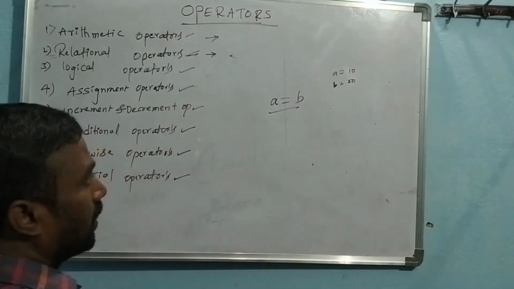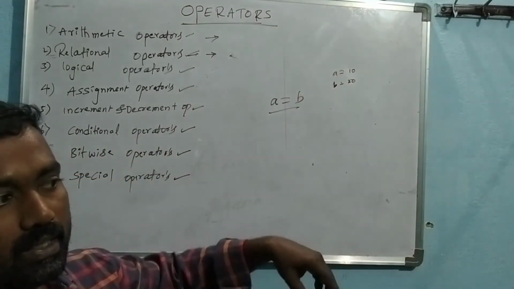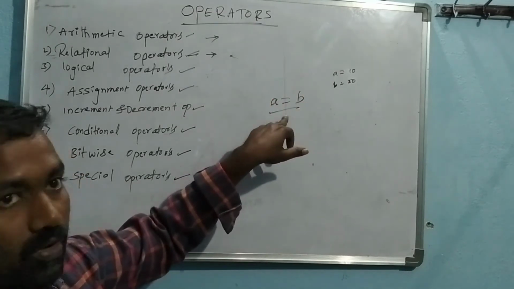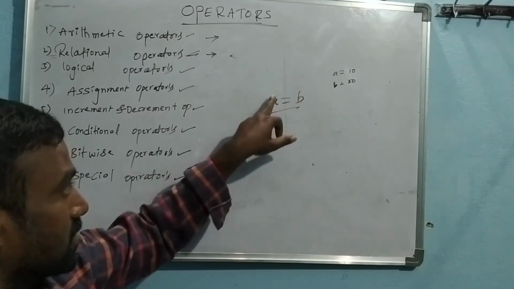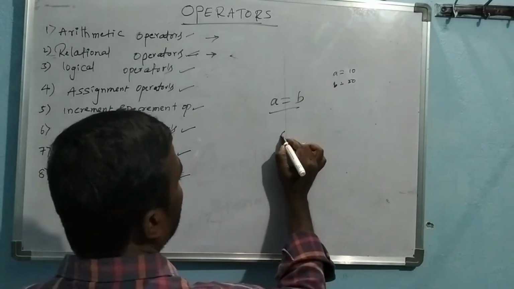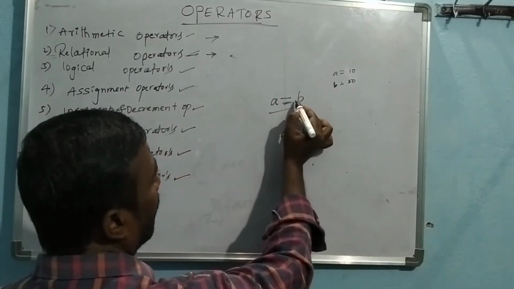According to mathematics, A and B are the same. But in our C programming language, A and B are not equal. The B value is assigned to the A variable. What is the A value now? A equal to 20 now, because I am writing A equal to B.